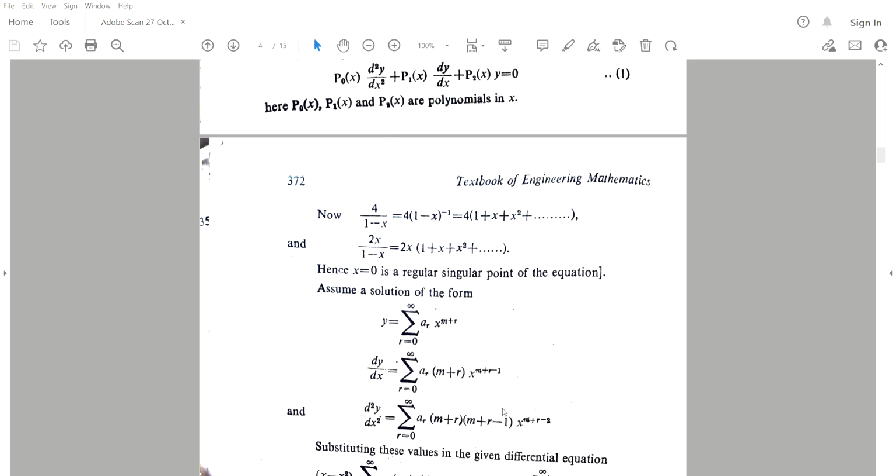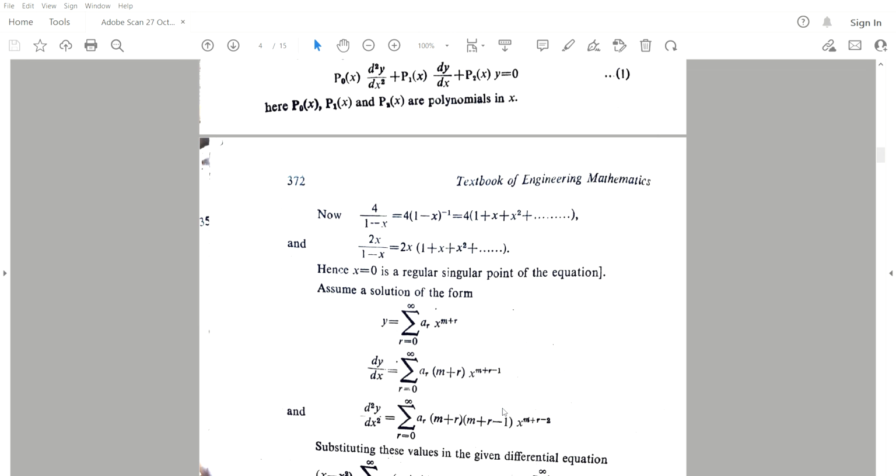Now the given equation is P0 d2y/dx2 plus P1 dy/dx plus P2 y is equal to 0. Now if we put x is equal to a and we see that P0(a) is equal to 0, then it is not an ordinary point anymore, so you cannot use the previous formula.